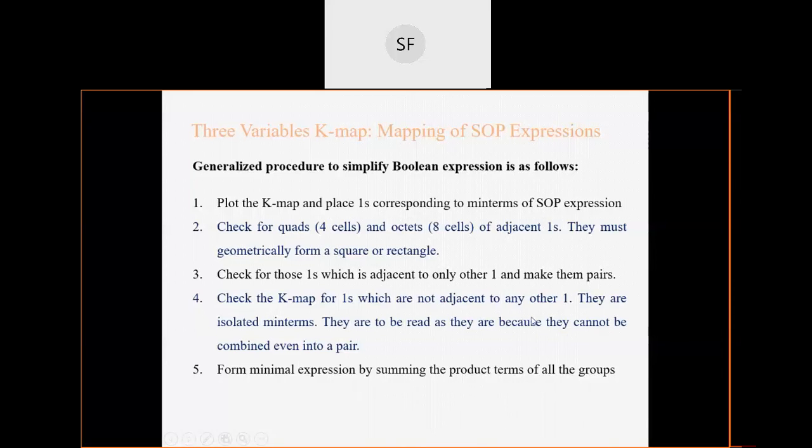There might be the case that the cell is alone, and it cannot be paired into two cells, or it cannot make a 4-cell quad. So that minterm will be called an isolated minterm, and it is to be read as it is because it cannot be combined even into a pair. ठीक है, तो वो minterm जो है वो वैसे आपको लिखना है.